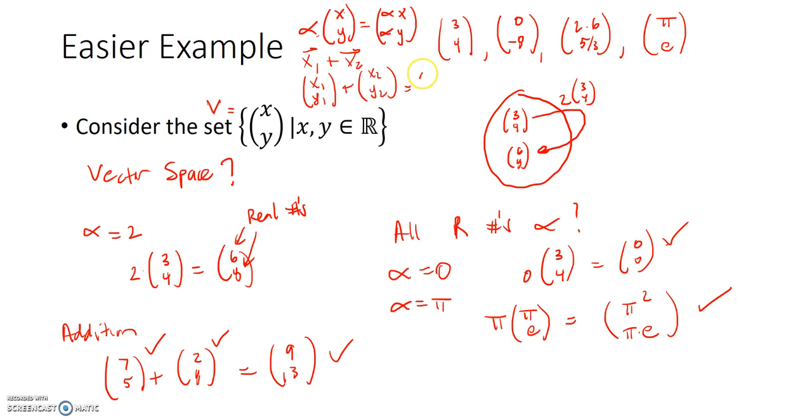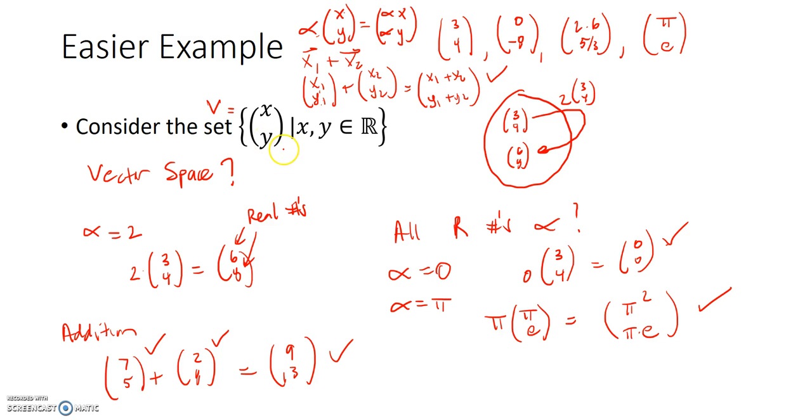Well, x1 plus x2 is just x1 plus x2, y1 plus y2 is y1 plus y2, and now we have to verify, is this vector still inside the set? Well, I started with two real numbers here and here. If I add together two real numbers, I get a real number. If I add together these two real numbers, I get a real number. So it turns out that any vectors that we pick inside of here add together to produce another vector inside of that set.